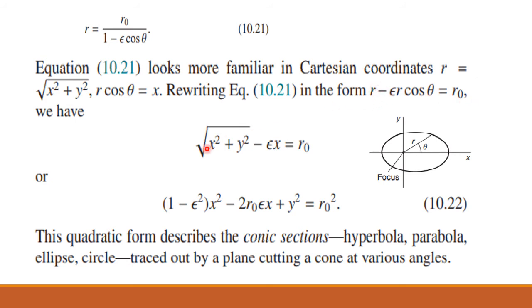Substituting r as root of x squared plus y squared, and epsilon r cos theta as epsilon x, we square both sides and expand to get (1 minus epsilon squared) x squared minus 2 r0 epsilon x plus y squared equal to r0 squared. This quadratic form describes the conic sections, which are hyperbola, parabola, ellipse and circle.